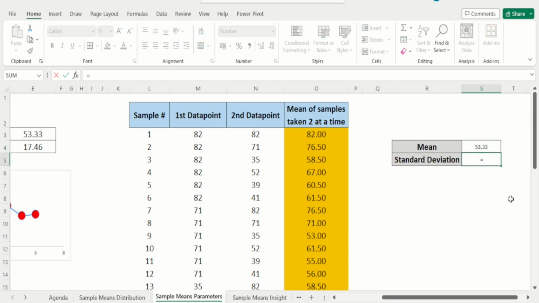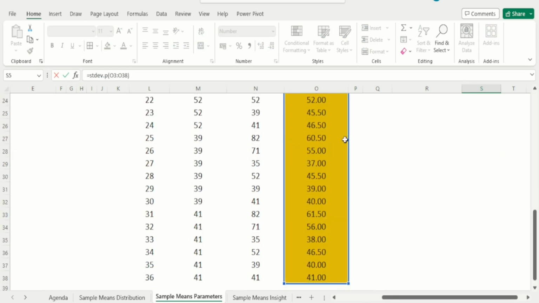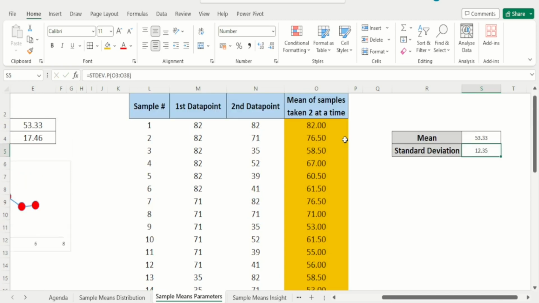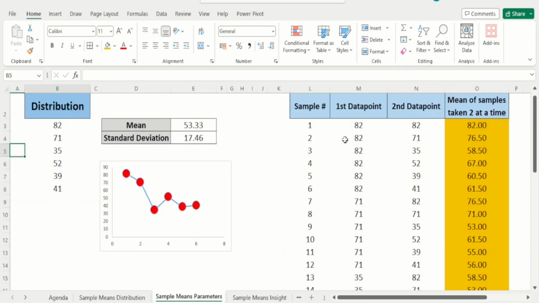Let's calculate the standard deviation of this entire population right here, and we see that the standard deviation is 12.35. Well, this is not equal, right? The standard deviation of the means of samples is not equal to the standard deviation of the population.